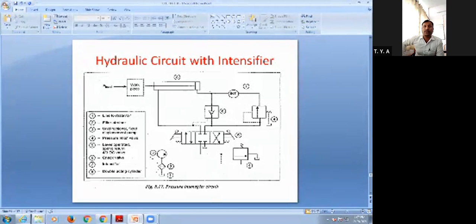Please tell me, hydraulic circuit with the accumulator and hydraulic circuit with the intensifier, pressure intensifier. Understood or not? All of you, just write yes or no in the chat box.